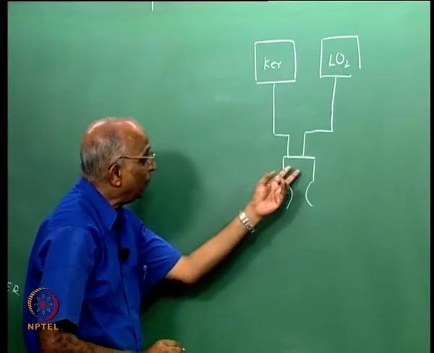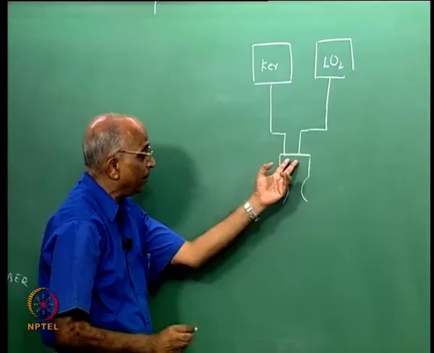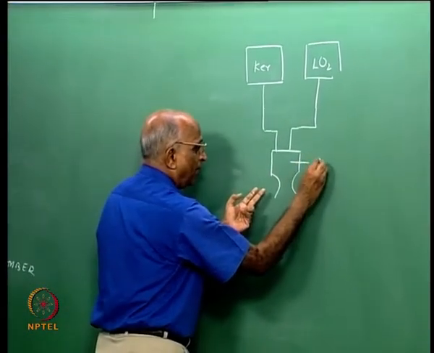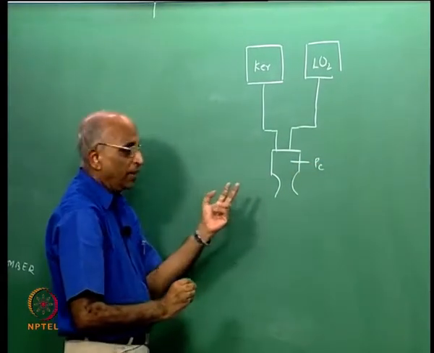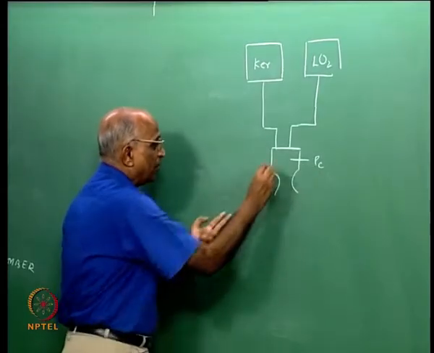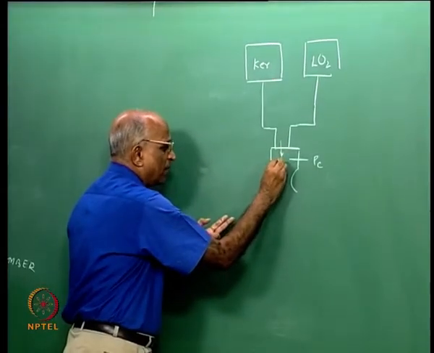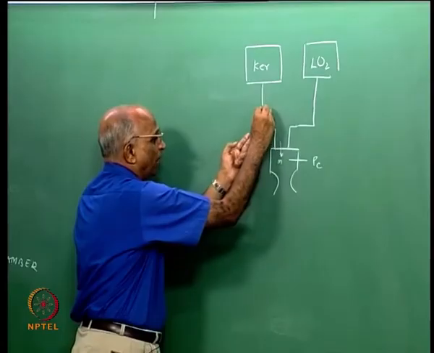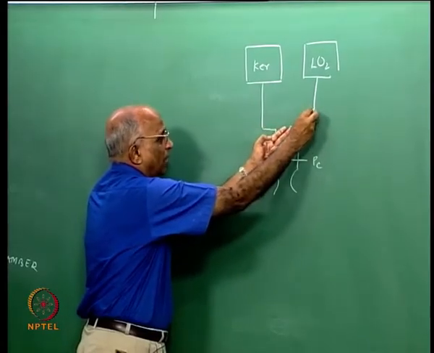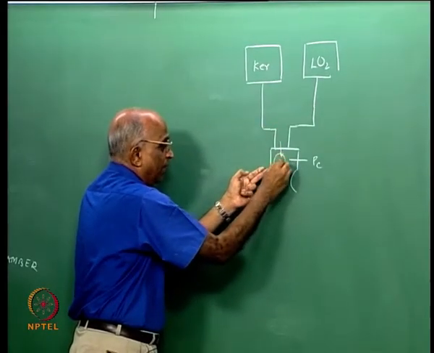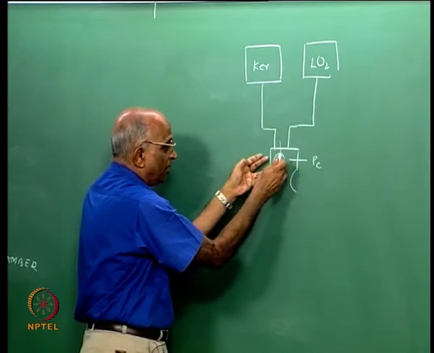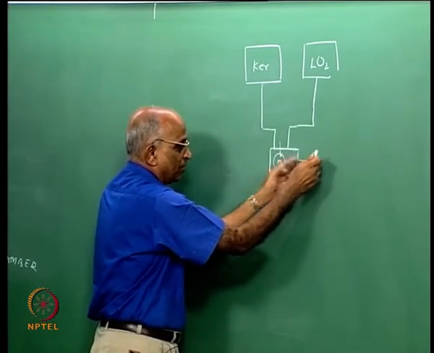What is it I have to do? I have to push these things in and I have to generate a high value of Pc. To generate a high value of Pc, I plug in some total quantity of M kerosene plus liquid oxygen. I put it here, I allow it to burn, and when it burns I generate a value of Pc.